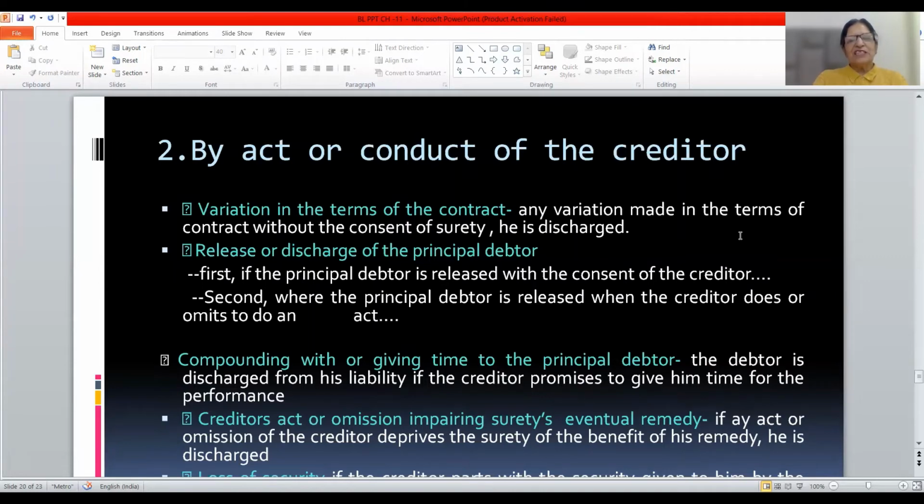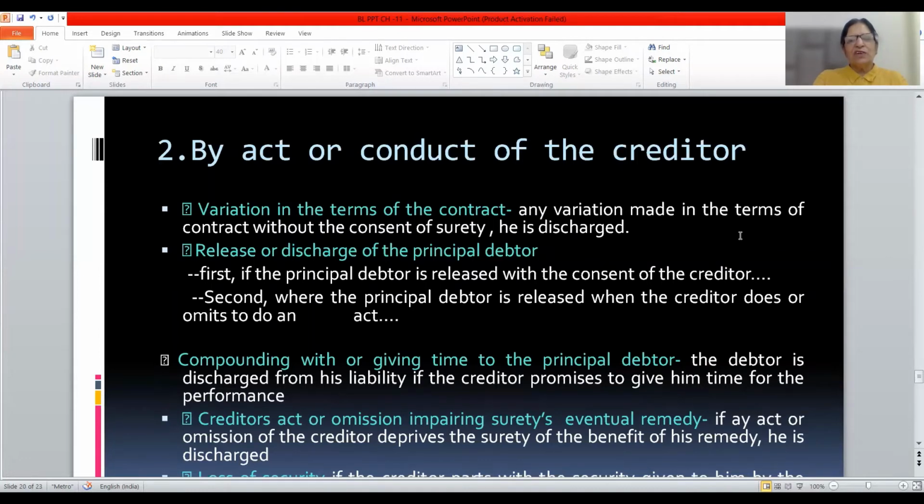Any change which the creditor wants to make, he must obtain the consent of surety. If he makes any change in the contract with the debtor, but surety is not informed about that, or his consent is not sought, then in that case, surety will be discharged from his liability.